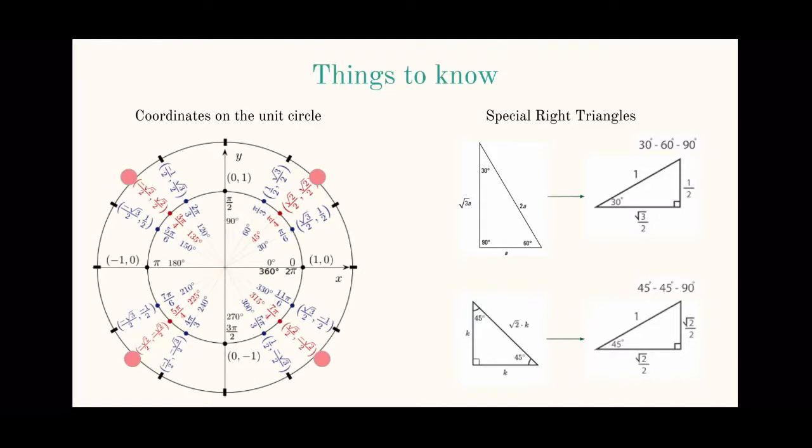However, 1/2 is now in the front and rad 3 over 2 is now in the back. Don't forget the positive and negative signs. And the third number that you have to remember is rad 2 over 2. It is both the x-coordinate and the y-coordinate. The positive and negative sign, again, only changes depending on which quadrant it lies in.